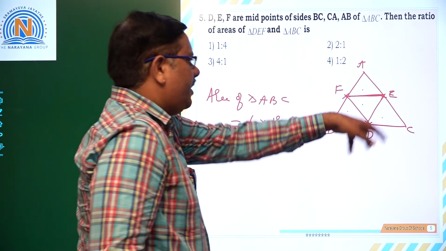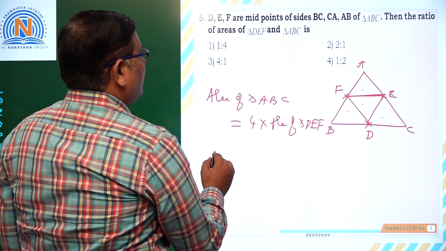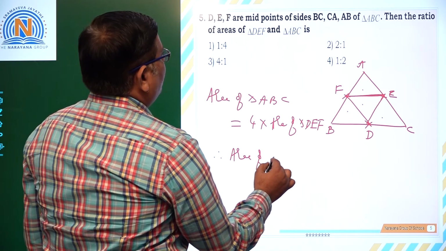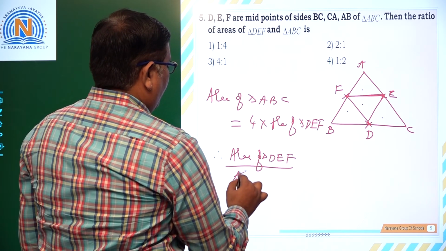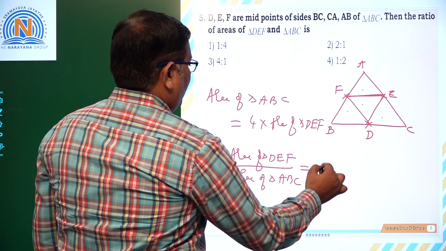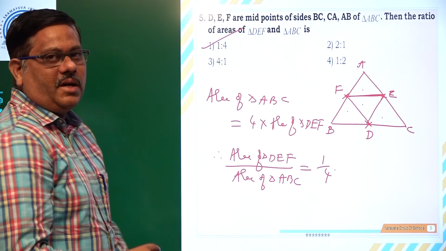In fact, you can write anything, but he is comparing with DEF and ABC. I can write this. Therefore, area of triangle DEF by area of triangle ABC is 1/4. 1:4 is nothing but first option for us. That is the right answer.